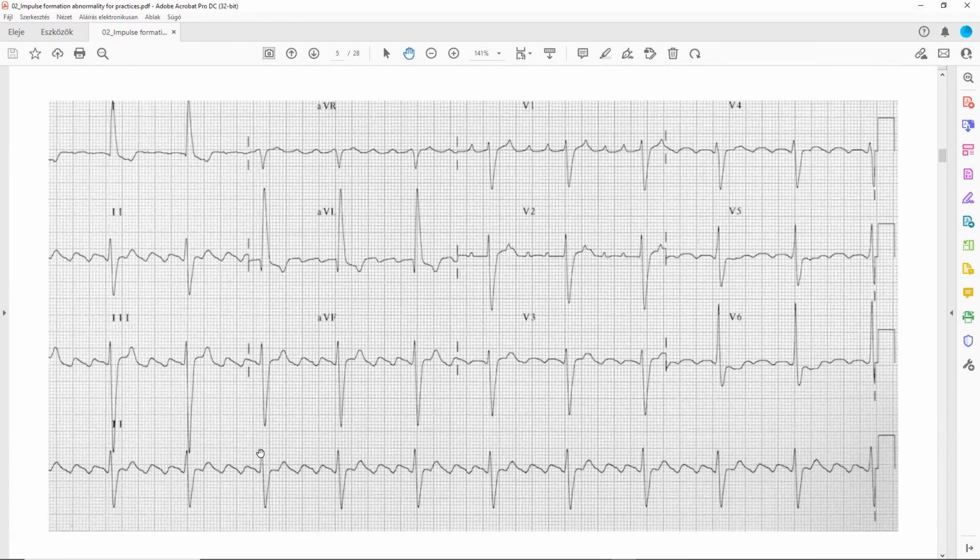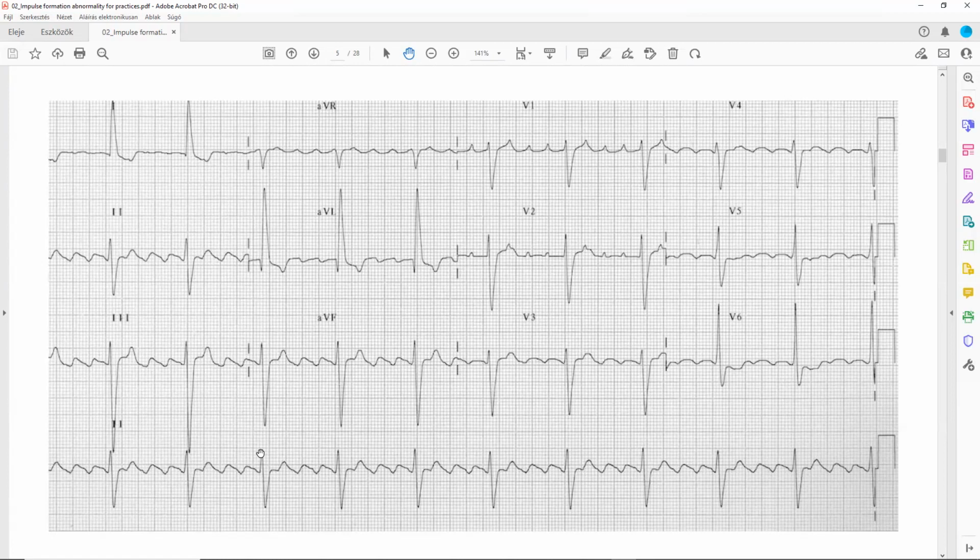Lead one is positive, AVF is negative, for sure not normal. And lead number 2 is negative, so the axis is? Right. Why right? One is positive, it cannot be right. Oh, yeah, it has to be left, this extreme left deviation.